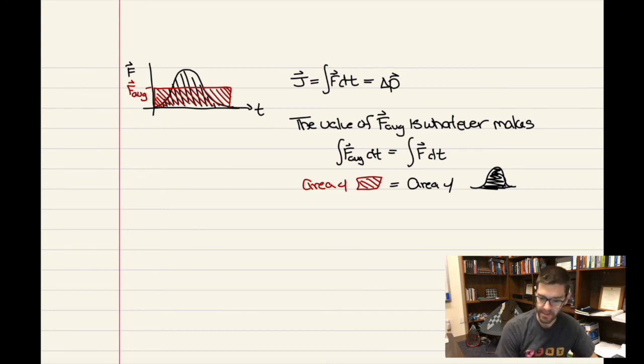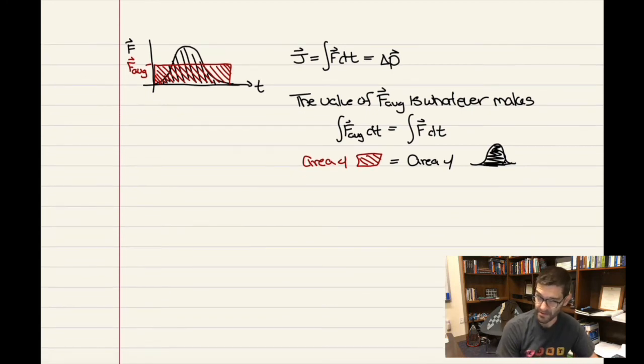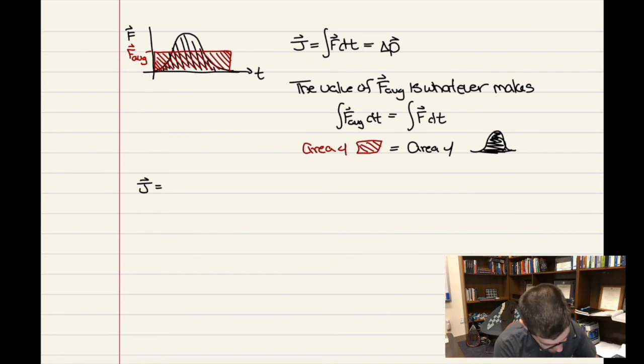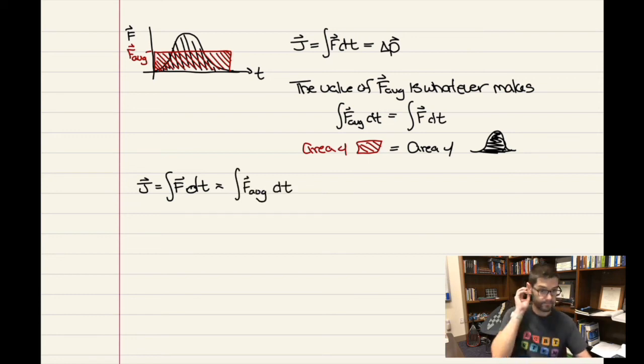So typically when we're talking about impulse, if we ever have to think about impulses, we will say instead that J, which is always F integrated over time, we will approximate as a constant F average over time. But if F average is a constant, it can come out of the integral.